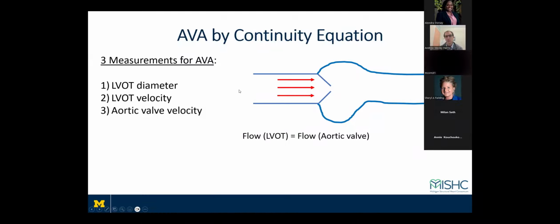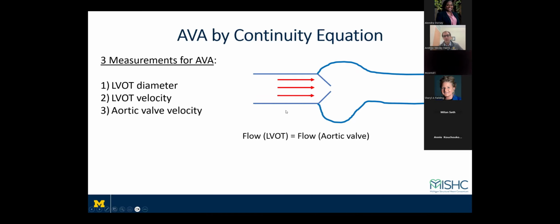So here is blood flow going through the left ventricular outflow tract, or LVOT, and it's approaching this aortic valve, which is narrowed and has a small opening. So the continuity equation just says that flow within the left ventricular outflow tract has to be the same as flow going through the aortic valve because there's no flow that's being diverted elsewhere.